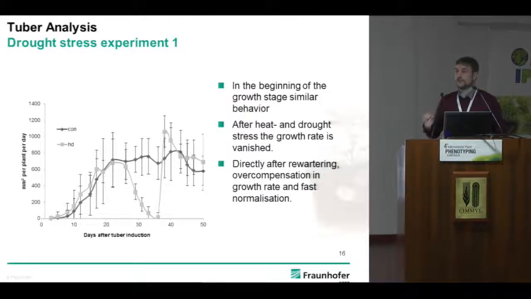Directly after releasing the stress, there was a big jump in the growth rate again, even more than in our control measurement, which showed a constant growth at this time. In the end of the measurement, the growth rates were at the same level again.